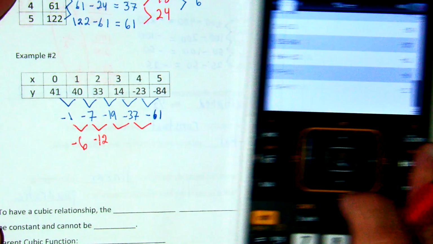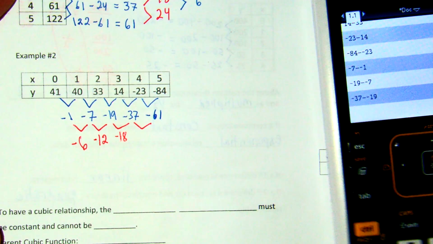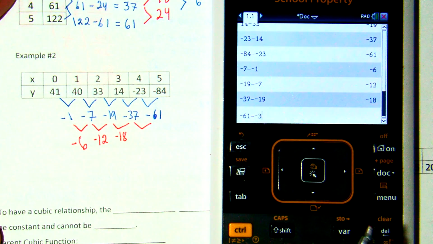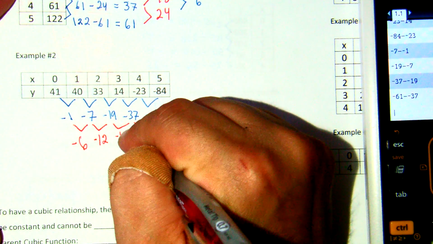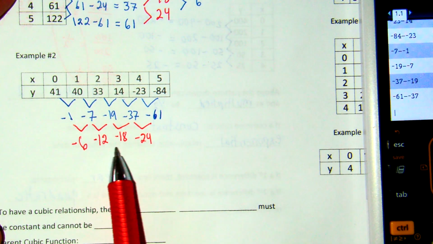Negative 37, subtract negative 19 is negative 18. And negative 61, subtract negative 37 is negative 24. Okay, so we're still not getting a constant pattern, but we are starting to see something here that looks linear.